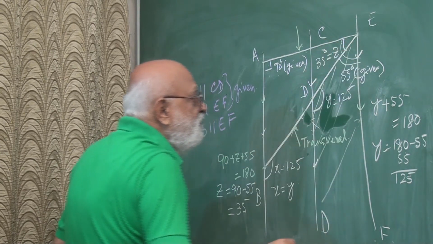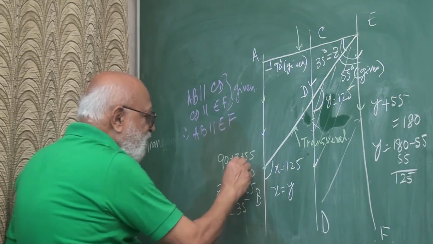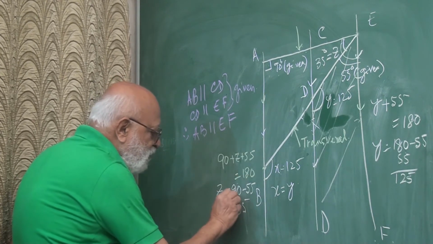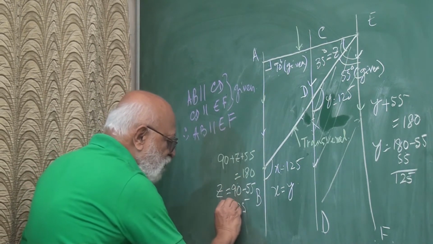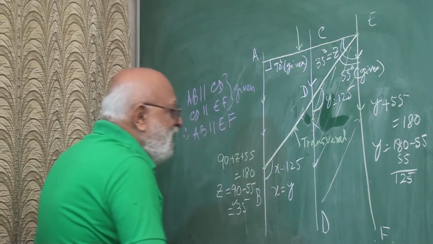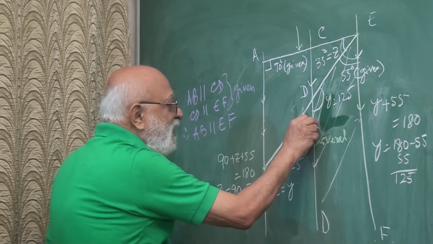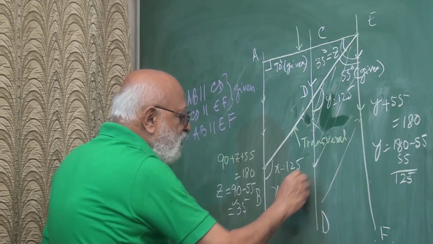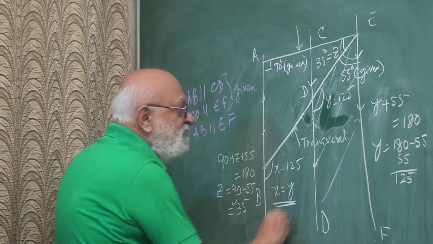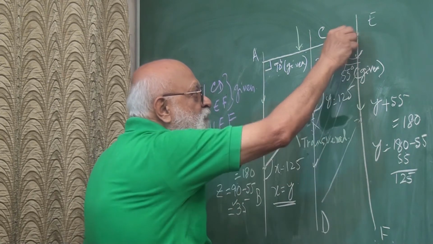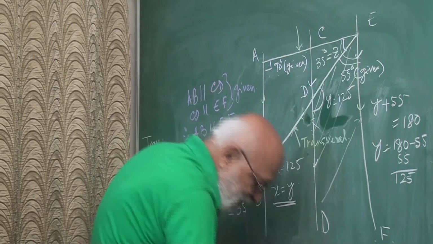So that will give you Z plus 55 degrees equal to 180, so Z becomes 35. Then we have checked with these two parallel lines, taking this as a transversal, and we have proven X equal to Y.